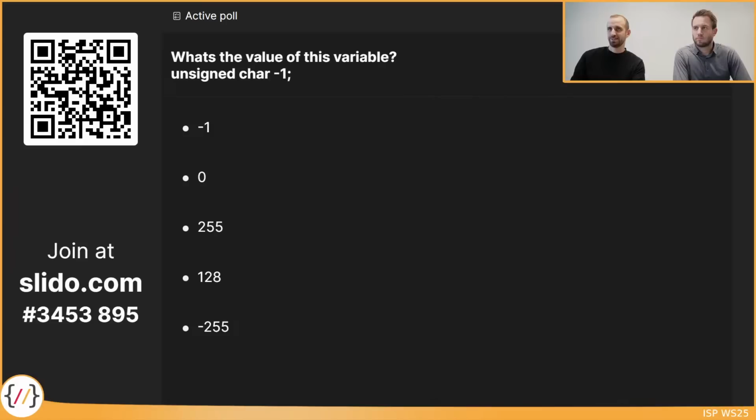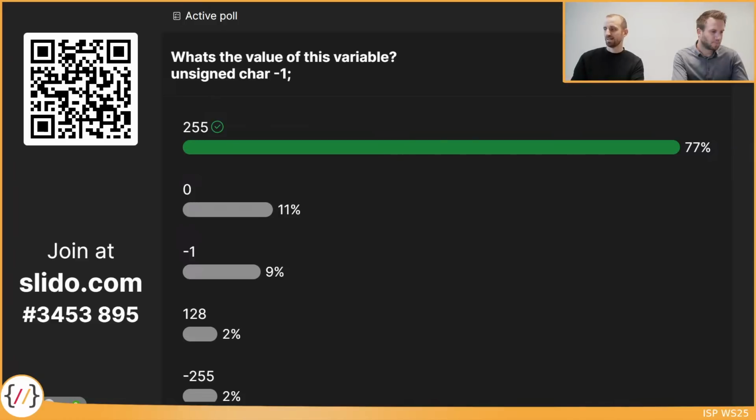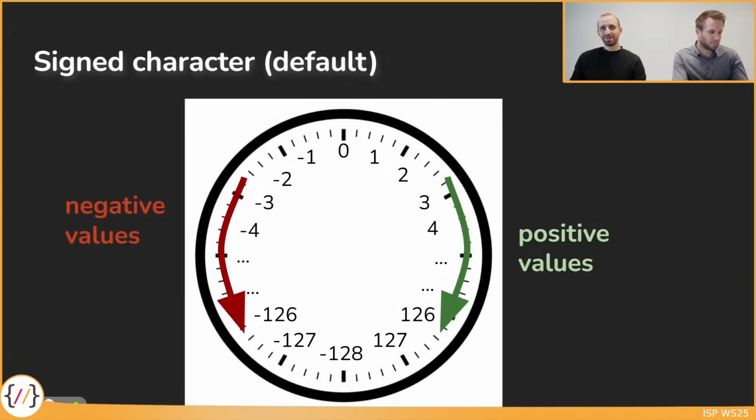Okay, so when I have an unsigned character, so I have no sign, I cannot represent negative values, then, as you said correctly, I end up again with 255, because that's the highest number in my character set. When I have signed characters, so I have the possibility to have a sign before the number, so I can represent negative values, then it's easier, because then I can say 0 - 1 and I end up with -1, because I have now signed characters.